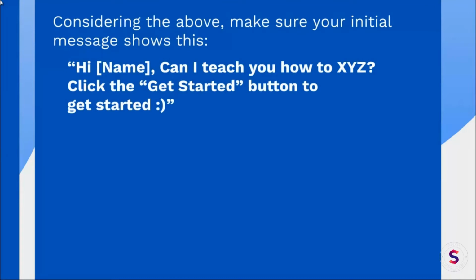Hi, name. Can I teach you how to XYZ? Click the Get Started button to get started. As you can see, it sounds very basic, but this is something that you can utilize for yourself. Say hi, name, being personal, ask that question, and then tell them exactly what to do. Click Get Started.